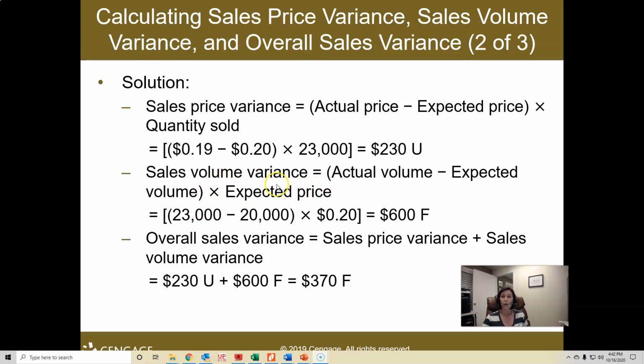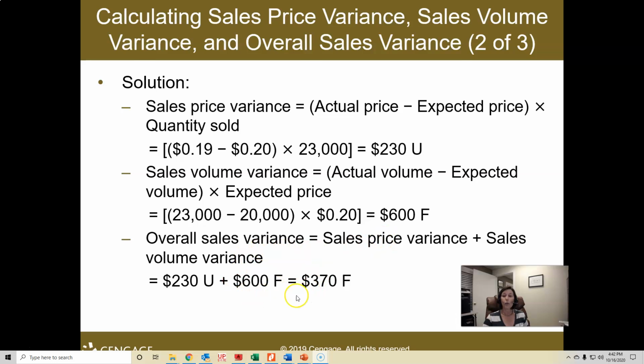Now, in terms of volume variance, we sold 23,000. We believed we'd only sell 20,000, but we thought we were going to sell it at the 20 cents per unit. But despite the fact that we sold more, that has us at a more favorable variance.